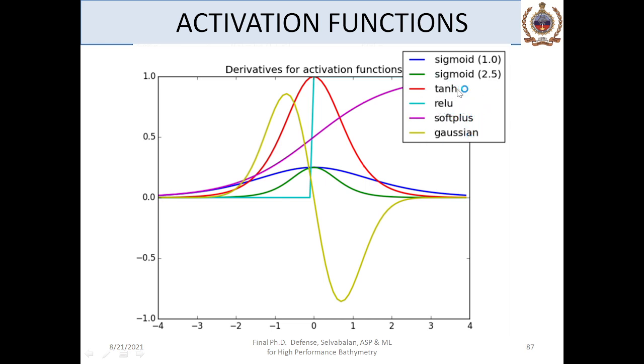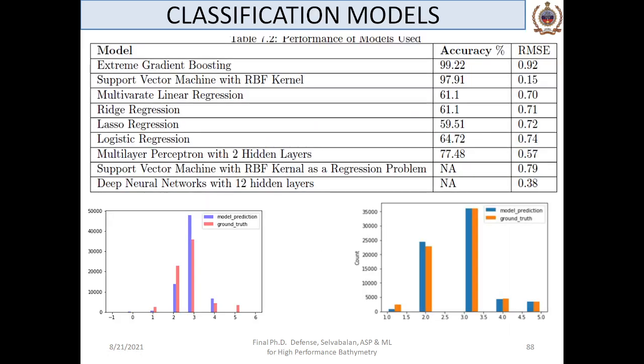We used combinations of sigmoid and ReLU by a lot of trial and error, and we optimized 13 hidden layers. These are based on trial and error with some mathematical logic. Finally we found that extreme gradient boosting and support vector machine with RBF kernel gave quite a good amount of accuracy.